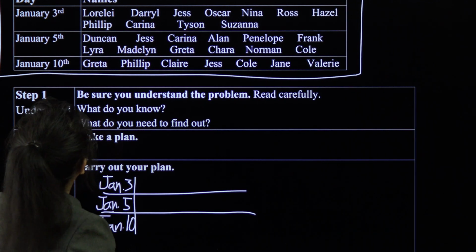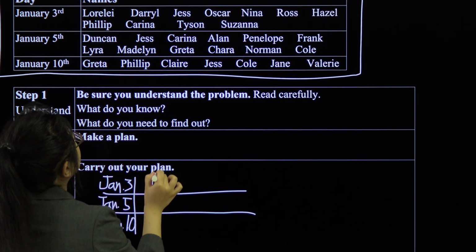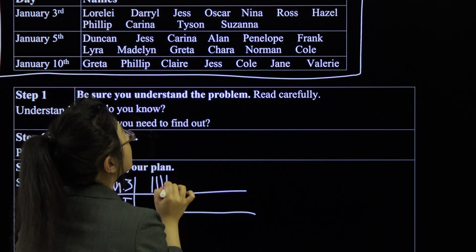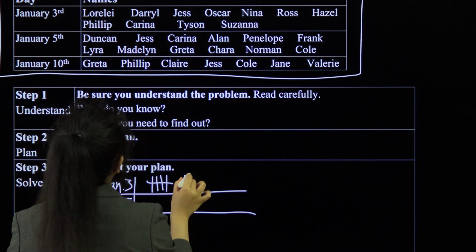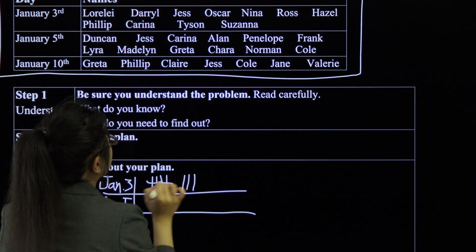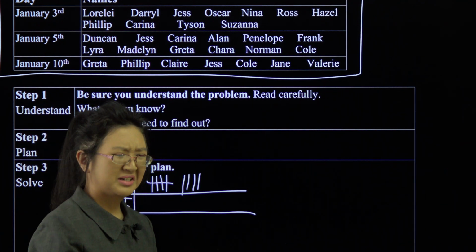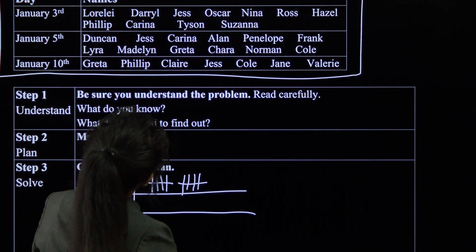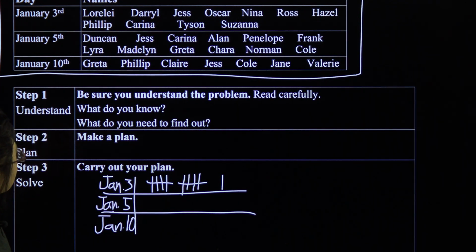Okay, so on January 3rd we have Lorelai, 1, Daryl, 2, Jess, 3, Oscar, 4, Nina, 5, Ross, 6, Hazel, 7, Philip, 8, Karina, 9, Tyson, 10, and Susanna, 11.